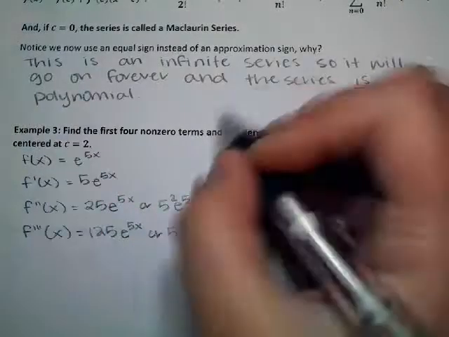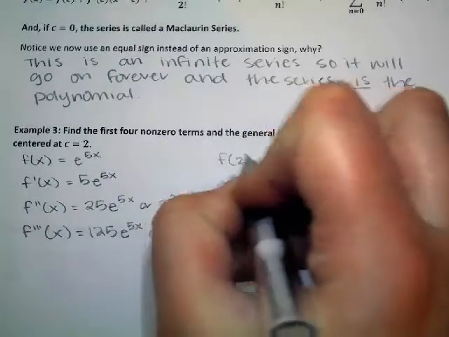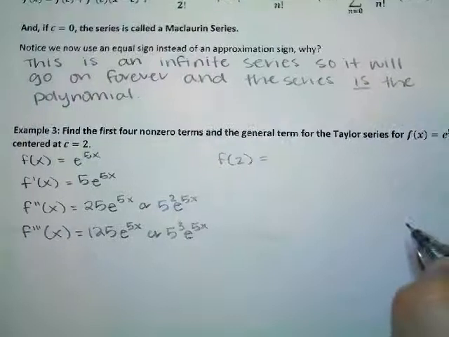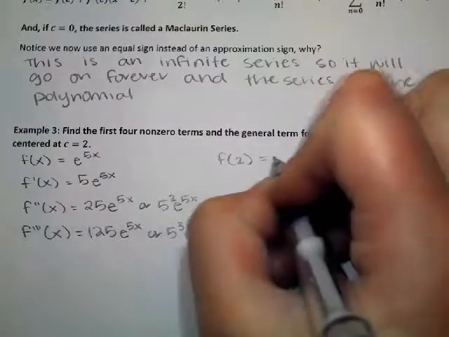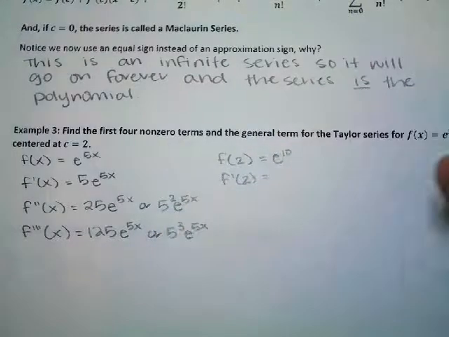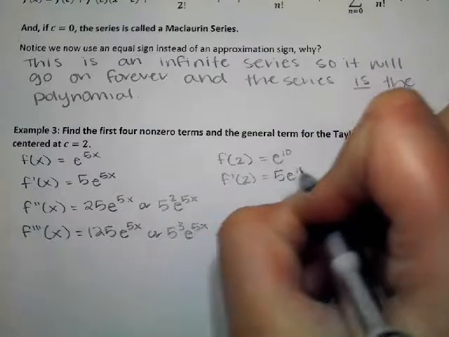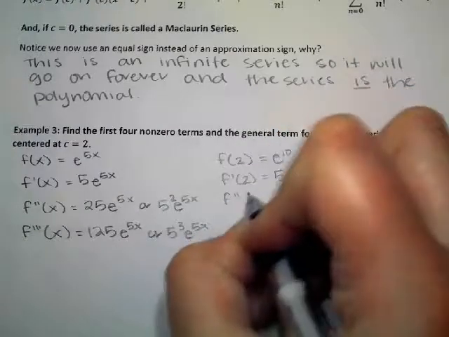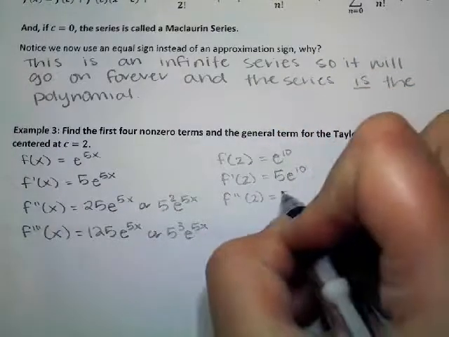So we're going to say f of 2 is e to the 10. F prime of 2 is 5e to the 10. F double prime of 2 is 5 squared e to the 10.